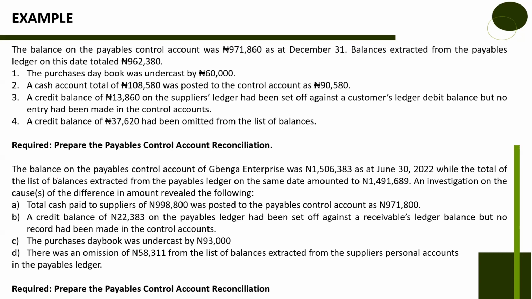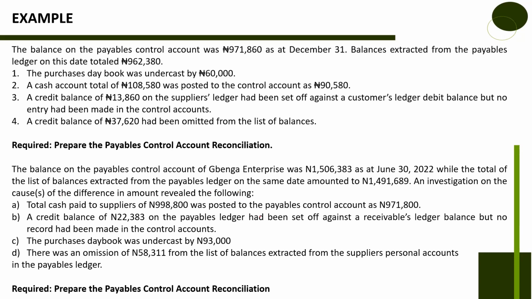The balance on the payables account of Benga Enterprises was 1,506,383 as at this date, while the total of the list of balances extracted from the payables ledger on the same date amounted to 1,491,689. An investigation of the cause of the difference in the amount revealed the following.